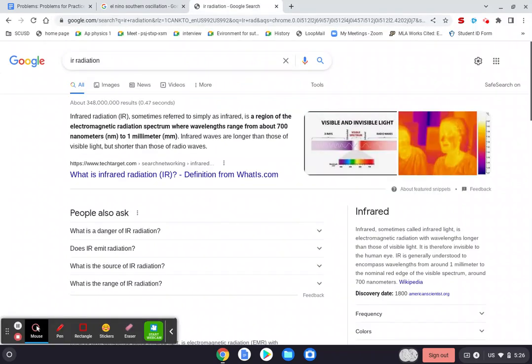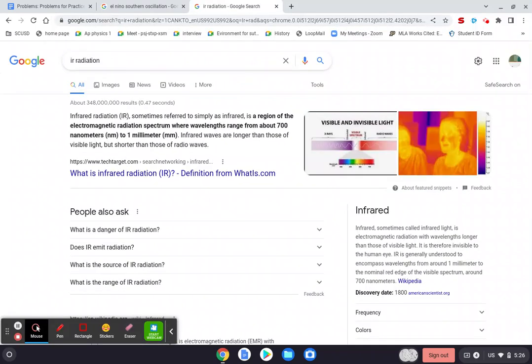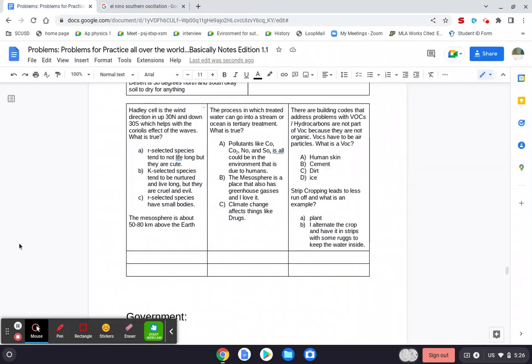Okay, so I realized I should do all of them if I'm going to do something like that. Exosphere is about 500 km. And then the stratosphere.